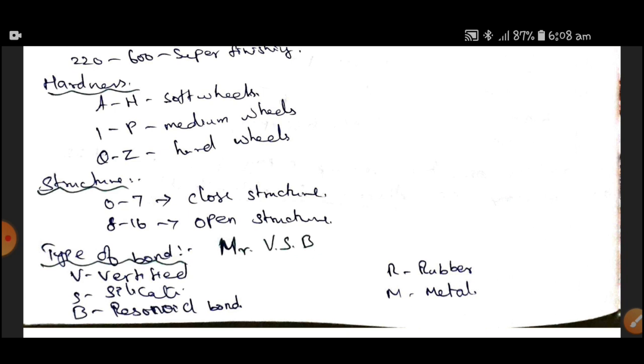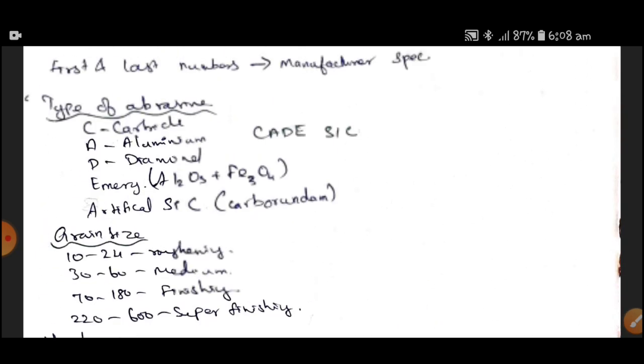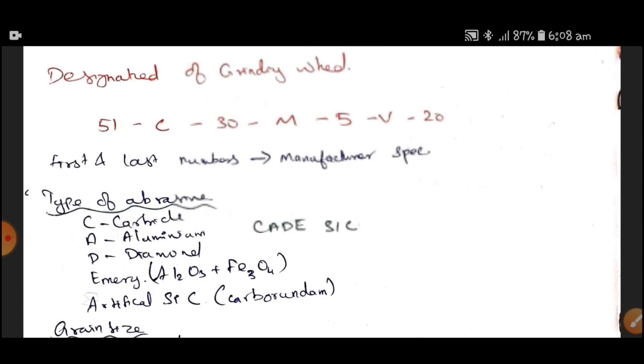We have five types of bond: vitrified bond, silicate bond, resinoid bond, rubber bond, and metal bond. Likewise, the grinding wheel is designated.